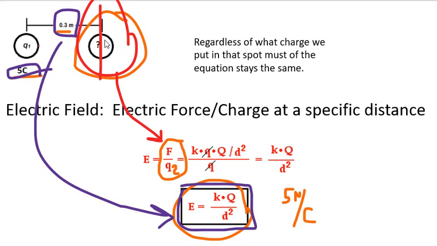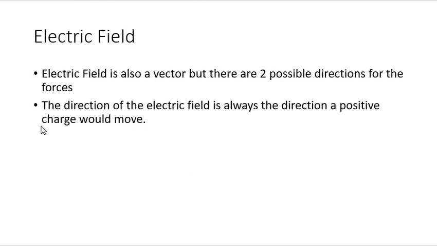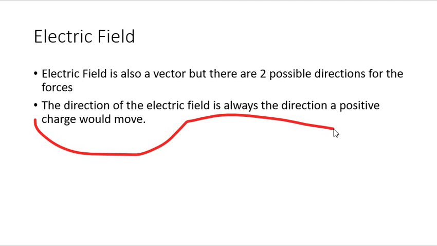Regardless of what I put at this point, the electric field stayed the same. So I have to establish a direction for electric field even when it's doing nothing. So in all cases, the direction of the electric field is always the direction a positive charge would move, regardless of whether there's a positive charge there or not.